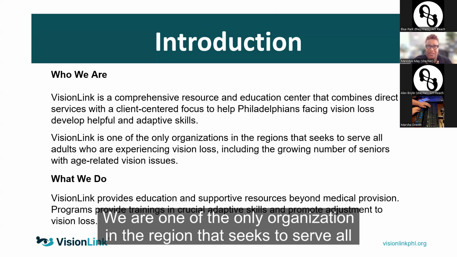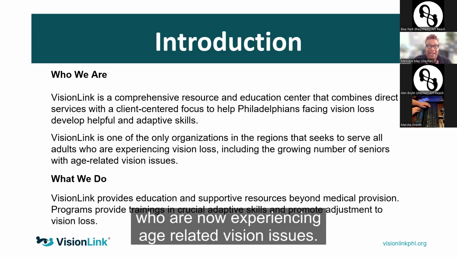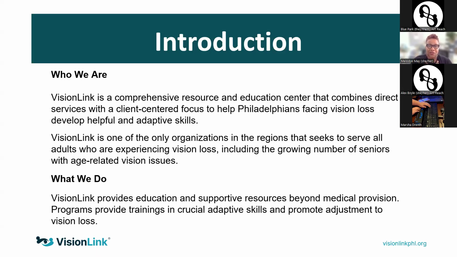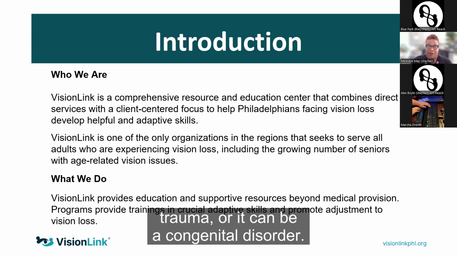We are one of the only organizations in the region that seeks to serve all adults at any level of vision loss, including the large number of seniors who are now experiencing age-related vision issues. We see people who are experiencing vision loss from trauma, or it can be a congenital disorder.